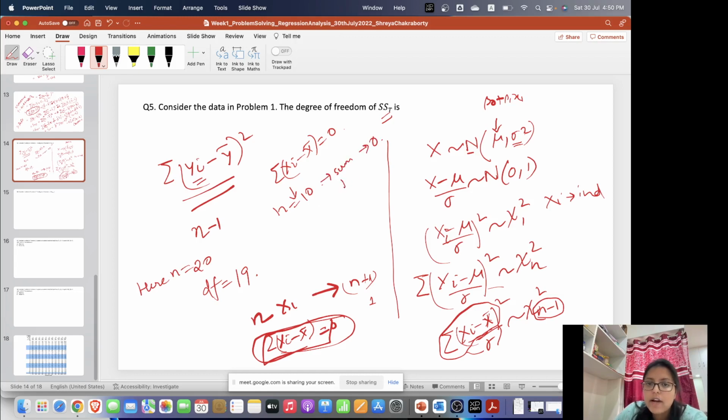So you are free to assume only 9 values because the 10th value will be automatically chosen as 0 minus the sum of the 9. That will be the value of the 10th variable because of this constraint.